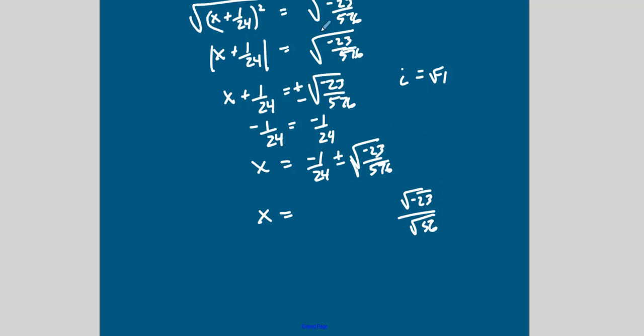The good thing here is we know that the square root of 576 is 24, because 24 times 24 is 576. So the bottom is fairly simple. That's going to be 24.